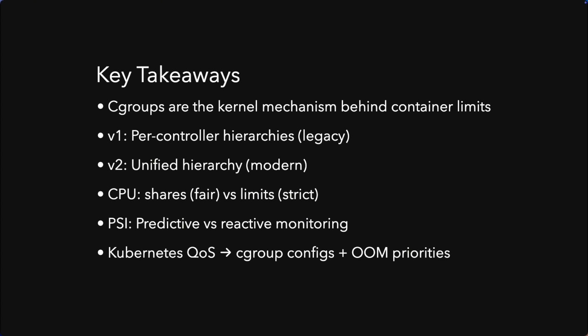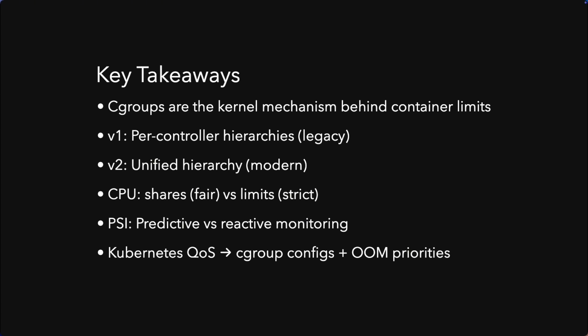We watched the kernel enforce limits in real time, throttling CPU, killing processes on memory exhaustion, checking pressure before failure, and we connected it to Kubernetes quality of service classes. They map directly to cgroup configurations and OOM properties. Guaranteed, burstable, best effort, it's all cgroups under the hood.